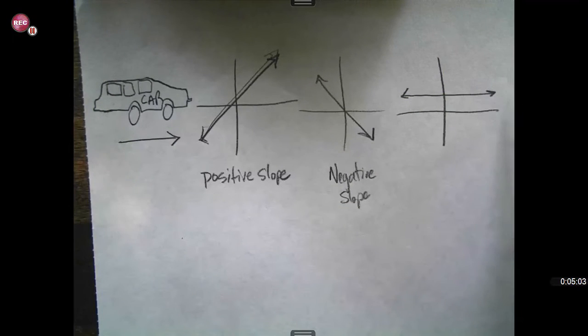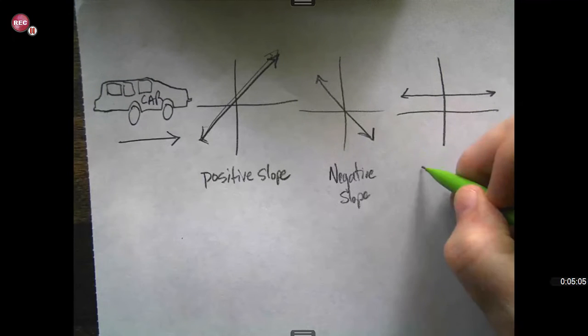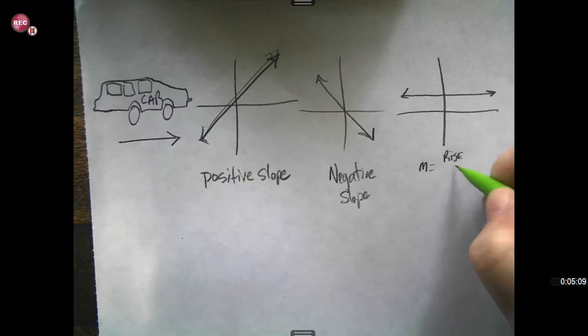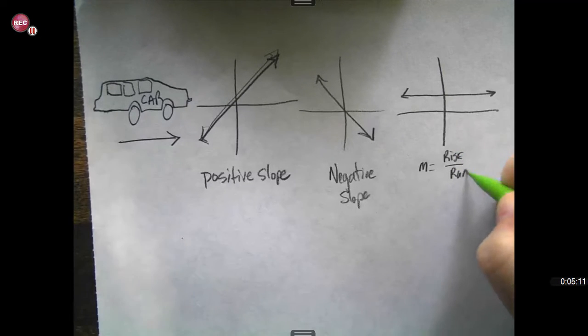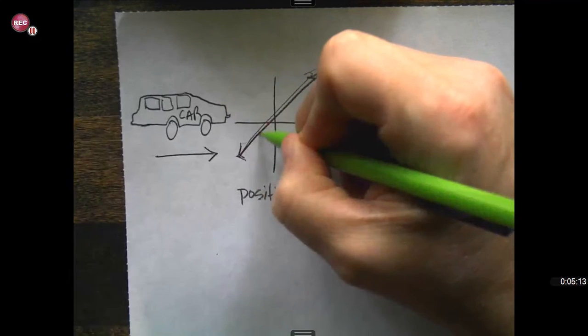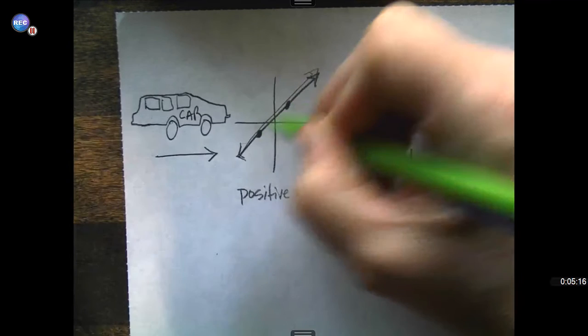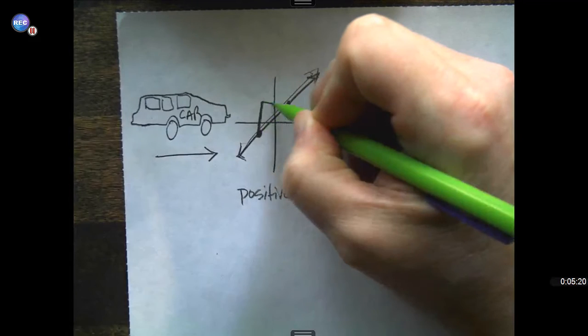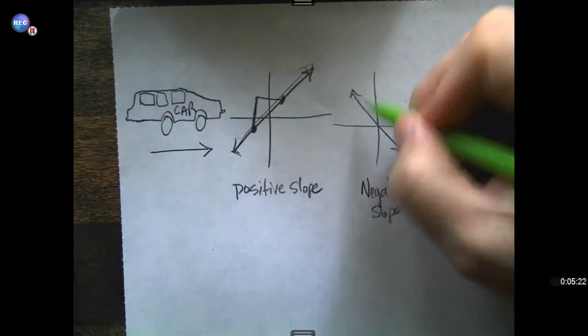And the slope is defined as rise over run. So when I choose 2 points on this line, how much did I rise, how much did I run to get from one point to the other point? Same thing here.